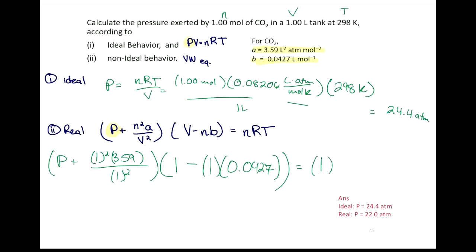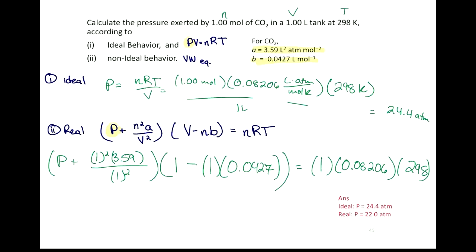So 1 mole times R, the same R we've always used, 0.08206, times temperature, 298. Yeah, this is tedious. Do I have the numbers? No, I don't. Okay, great.